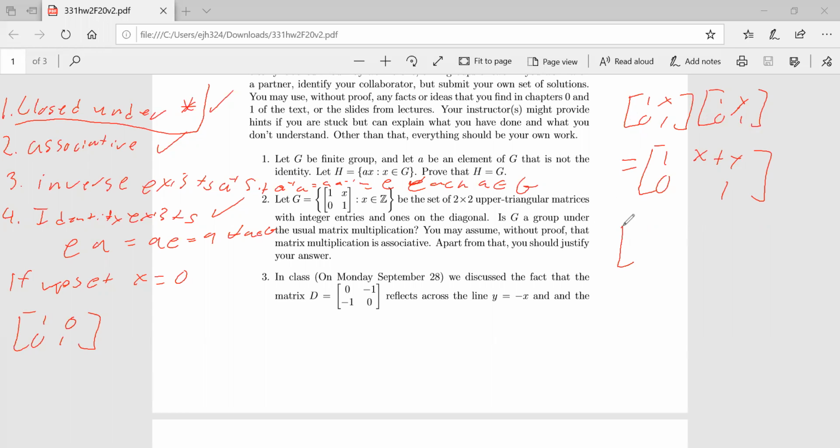If I have [1, x; 0, 1], what do I think the inverse will be? Yes, exactly. We would just sub in [1, -x; 0, 1]. Cool. So it fits all of our criteria for being a group. Therefore, it is a group. Does anyone have any questions about this one? Nope.